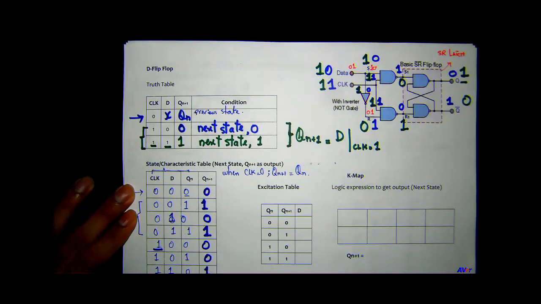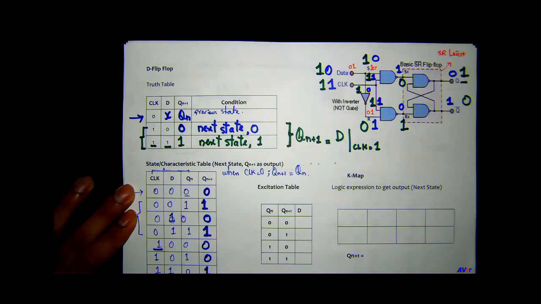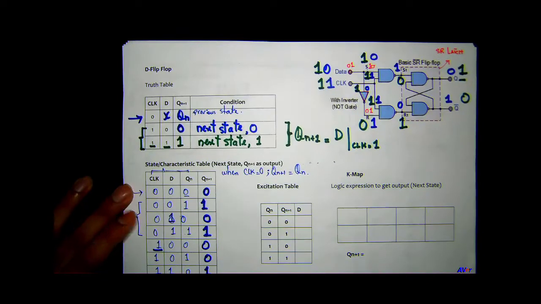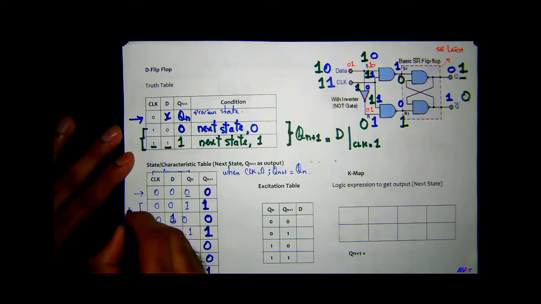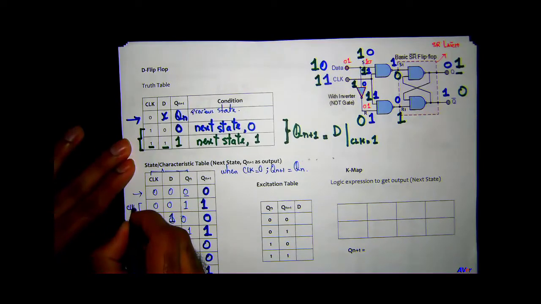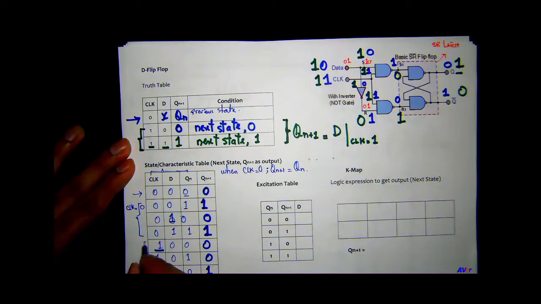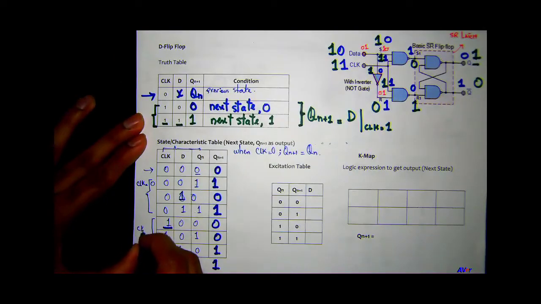Clock is 1, D is 1, next state is going to be 1. Okay, all right. So for this one, clock is equal to 0, and for here, clock is equal to 1, high.